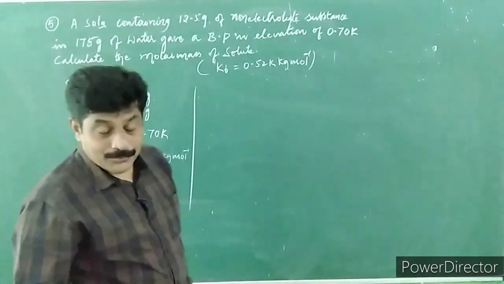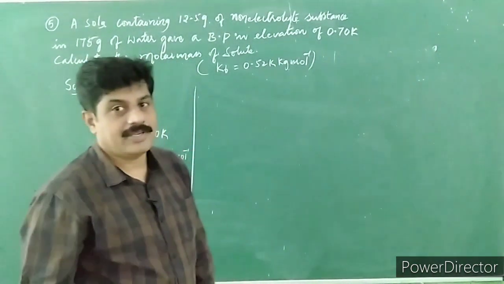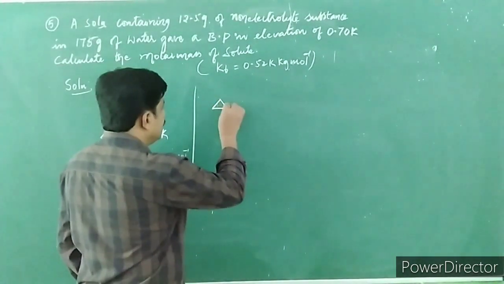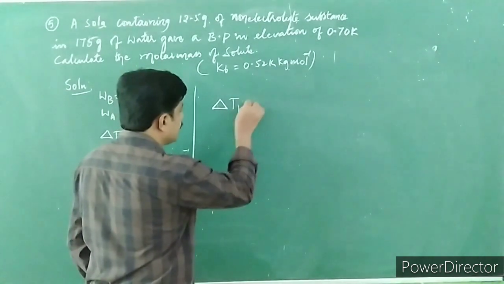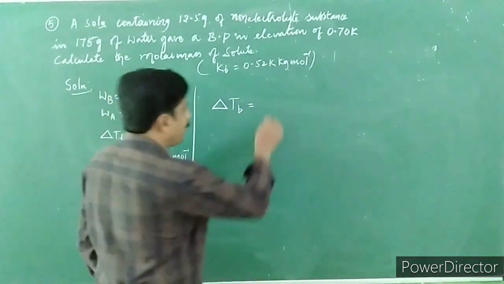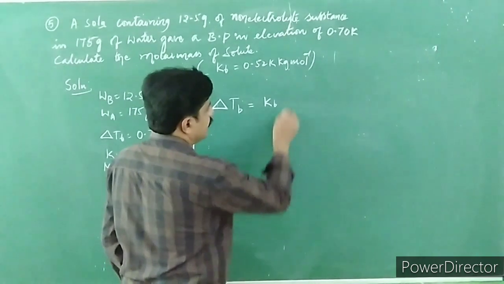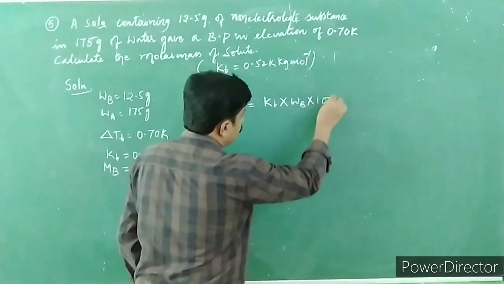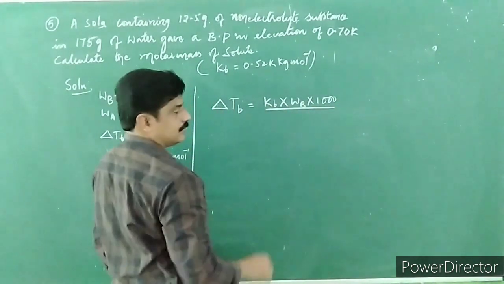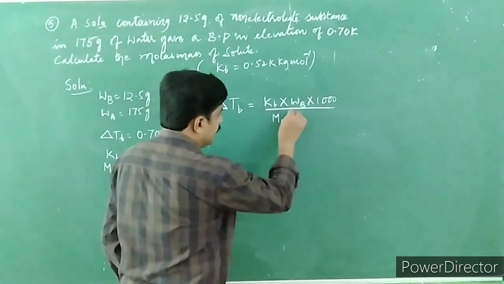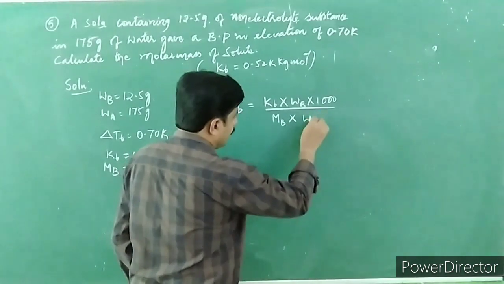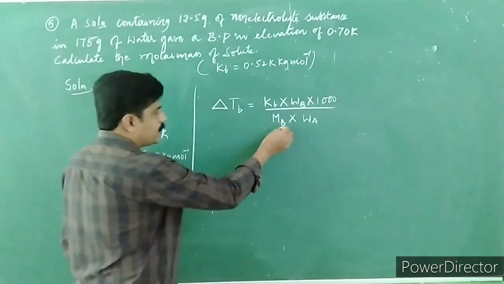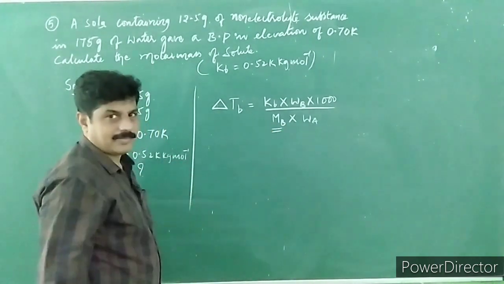Children, you know the mathematical expression for elevation in boiling point, is it not? What is that? Look at here. Delta Tb is equal to Kb into WB into 1000 upon MB into WA. Is it not? Now, what you are supposed to find out? You are supposed to find out the molar mass.